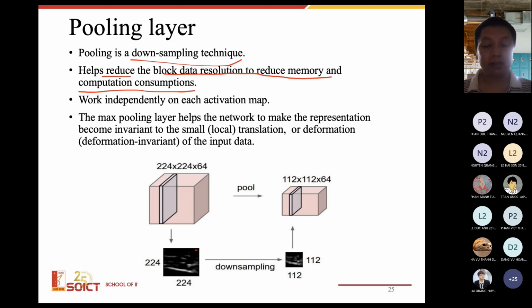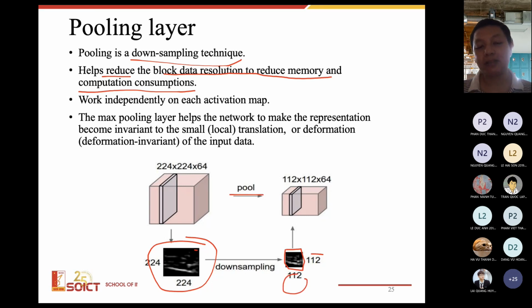In this example, this is an initial image with size 224 by 224, and by downsampling, I mean that I reduce the size of the image. For example, in this case, I reduce the size to half, 112 by 112.